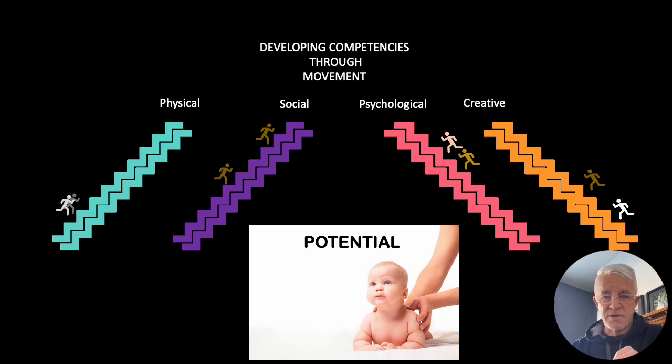So in physical literacy, we talk about developing the potential of people, but when we're talking about the potential, it's not just physical like fitness or strength, it's social competencies, psychological competencies, and creative competencies through movement.